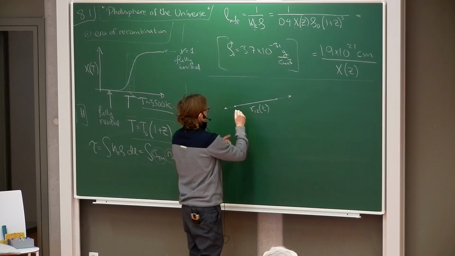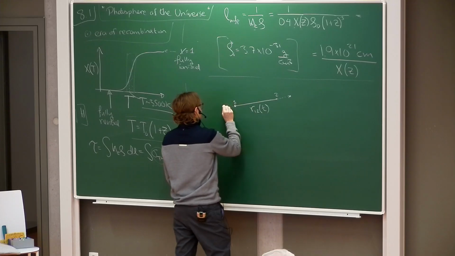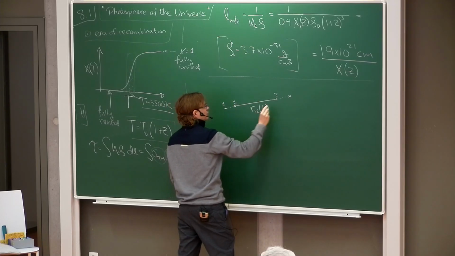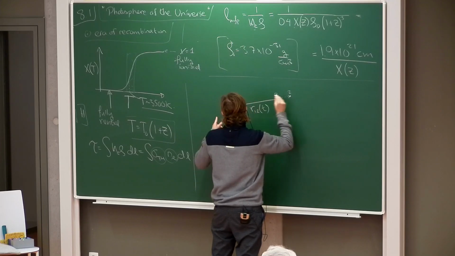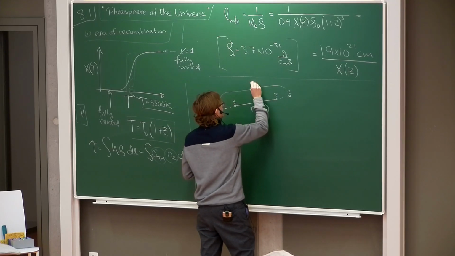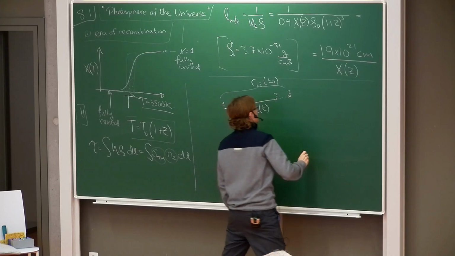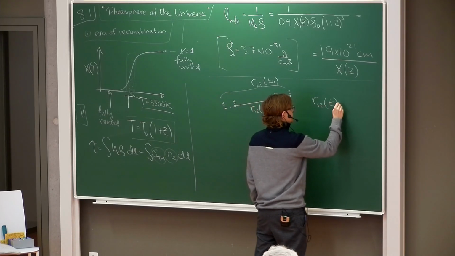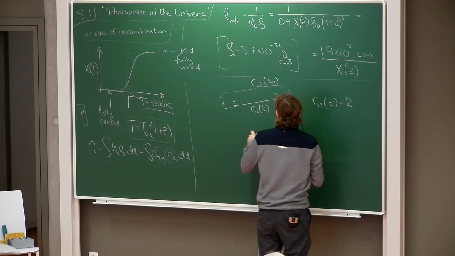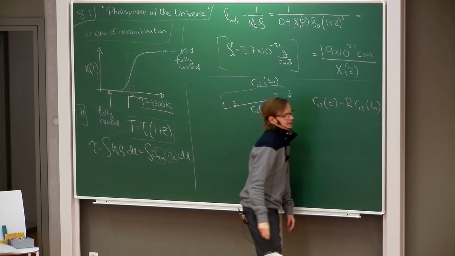And then, of course, the distance between these points, 1 and 2, at a different time will be R12 at some t0, okay? So then we can relate these R12 of t with this scale factor R that we actually already tentatively introduced before.